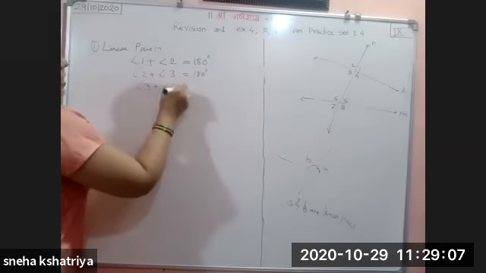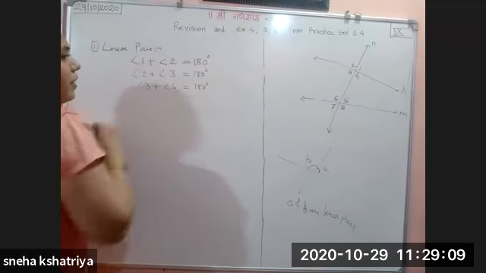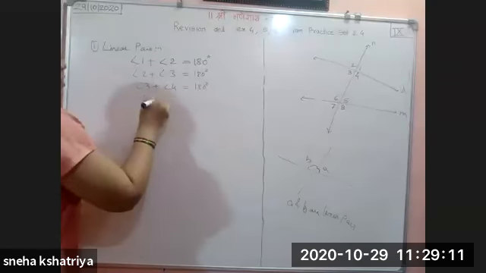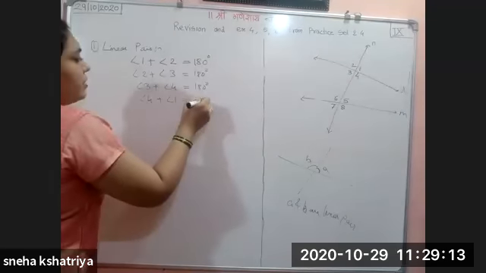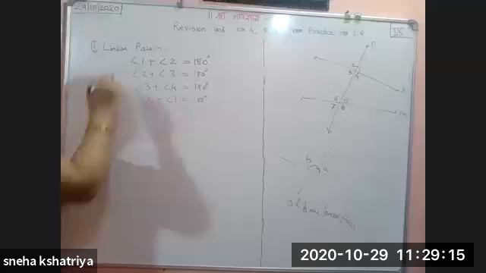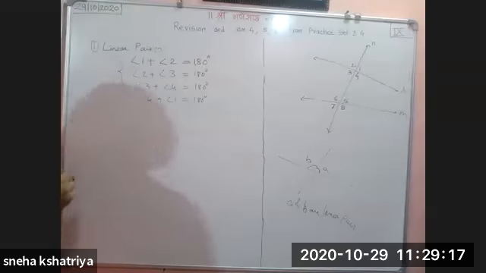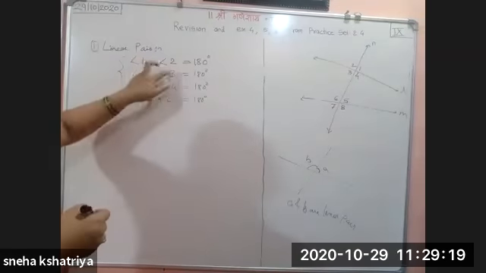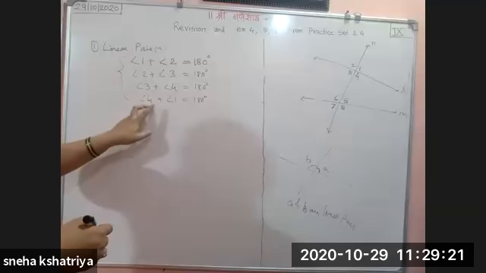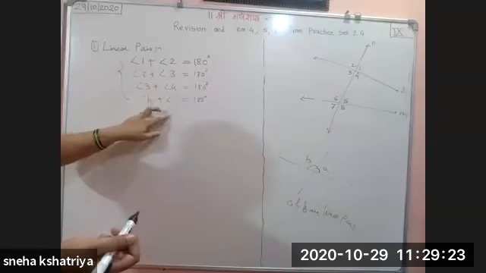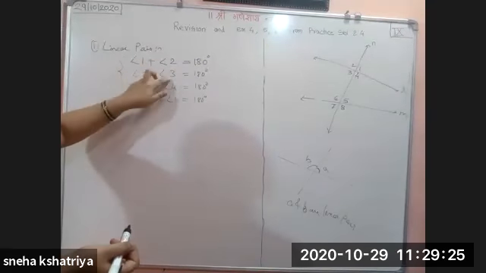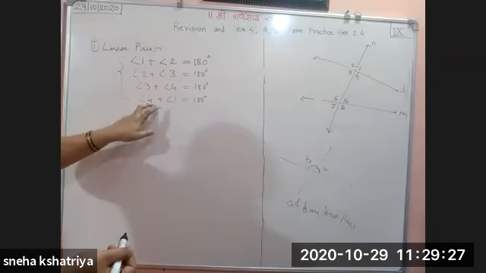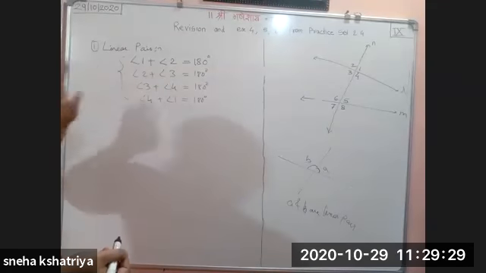Similarly, 3 plus 4 is equal to 180. Similarly, 4 plus 1 is equal to 180. So in this way, we found linear pairs: 1 and 2, 2 and 3, 3 and 4, and so on, according to AB, BC, CD, and DA.